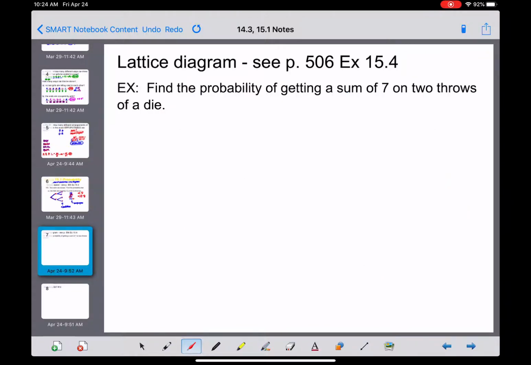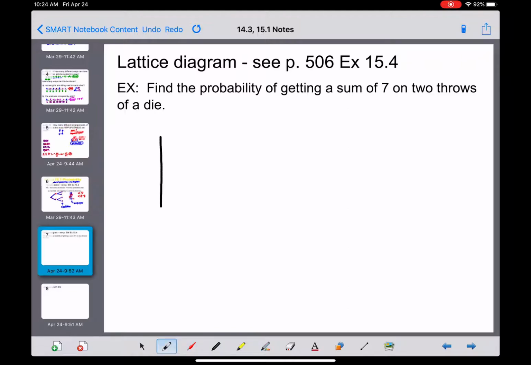The next thing we want to know, again, just a representation here, is what a lattice diagram is. You guys did these back in Algebra 2, but a lattice diagram is basically just another display. So we just looked at a tree diagram. Now we're looking at a lattice diagram. So it says find the probability of getting a sum of 7 on 2 throws of a dice.